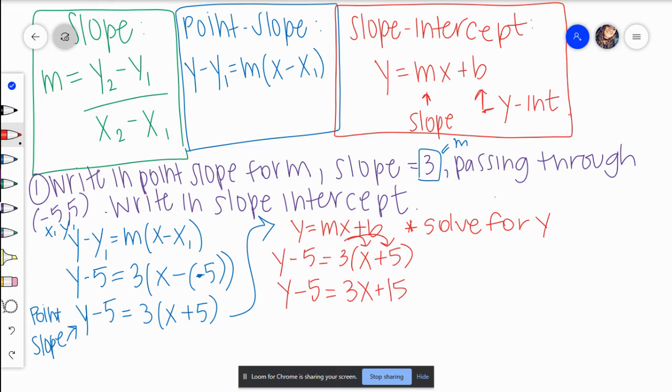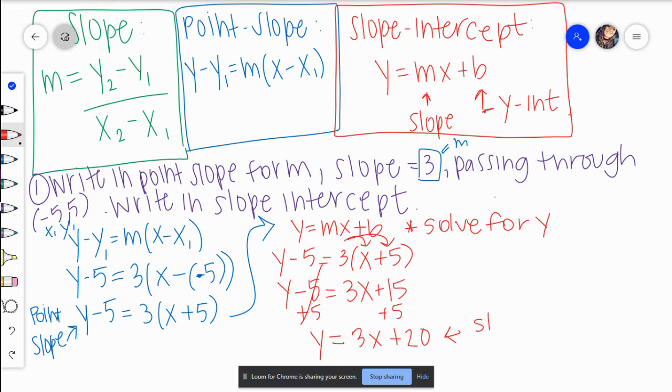We need to do the inverse of this -5 in order to isolate our y. And the inverse of a negative number would be its positive counterpart. So we would have a +5. What you do to one side, you have to do to the other. What I get is y, those cancel, which is great because that's what I wanted, equals 3x. And then if you do 15 plus 5, we get 20.